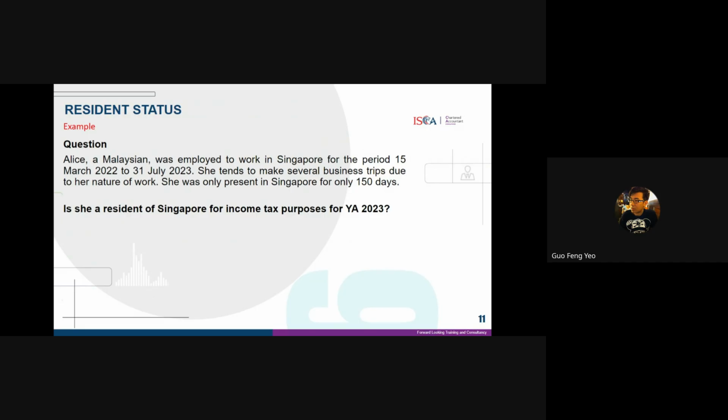And I think you can safely assume the 150 days is during the period stated above, from 15 March 2022 to 31st July 2023. So the question that is being asked here is: is Alice a tax resident of Singapore for income tax purposes in the year of assessment 2023?